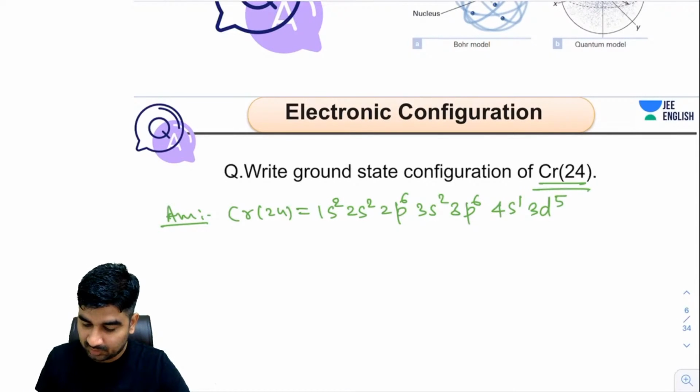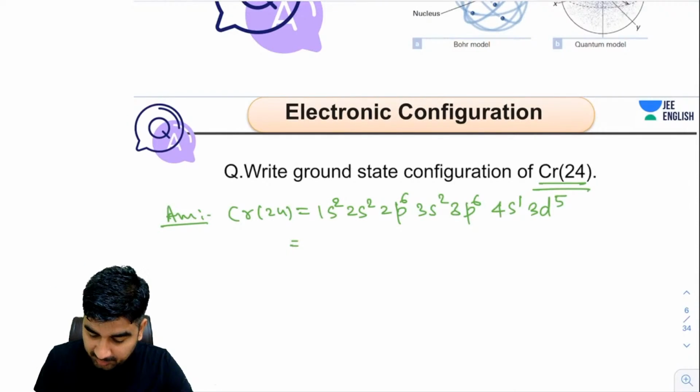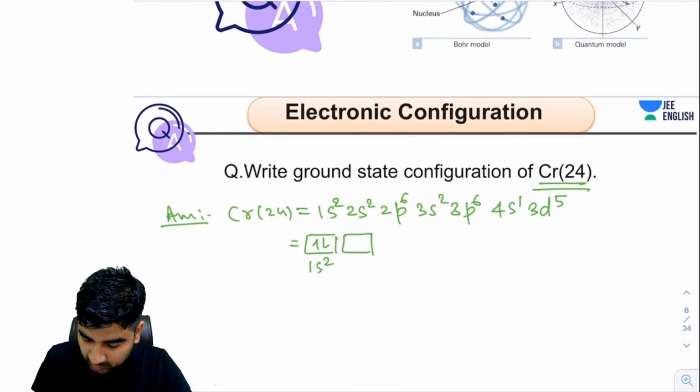So, let me make it like this. This is 1s2. This is 2s2.